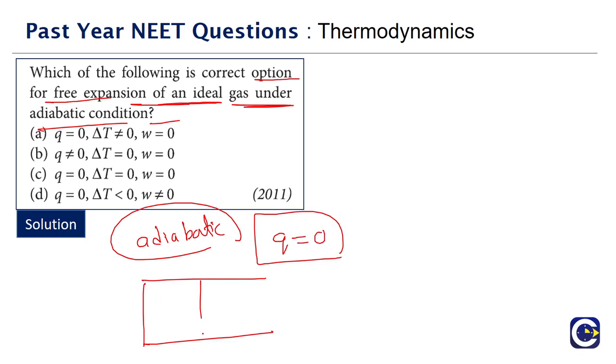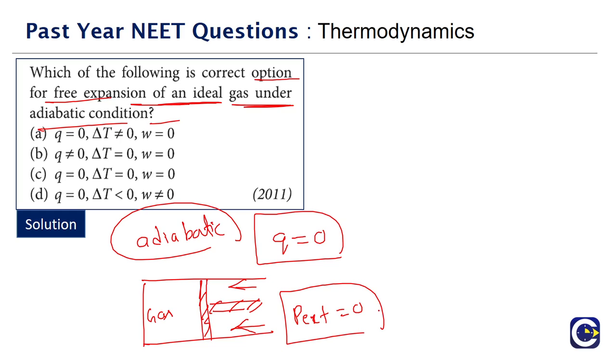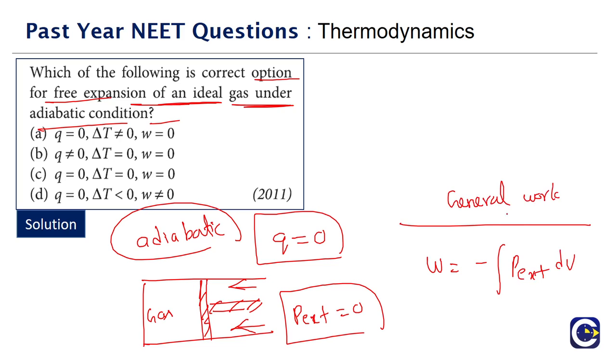In free expansion, the gas expands against an external pressure that is 0, so it is expansion in vacuum. With external pressure 0, what is the work? Work is minus the integral of P external dV, which is the general work expression in thermodynamics.